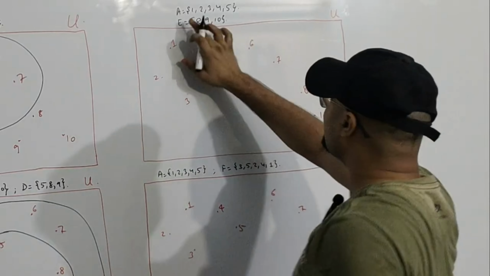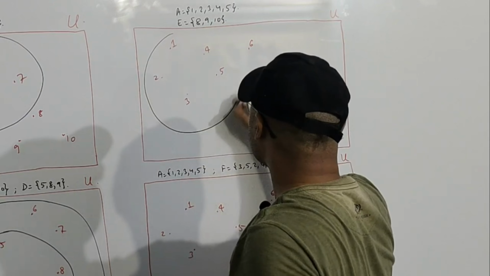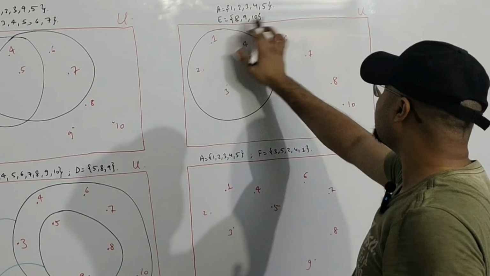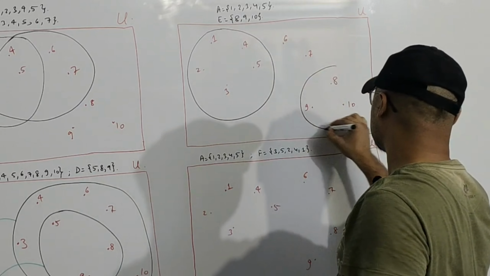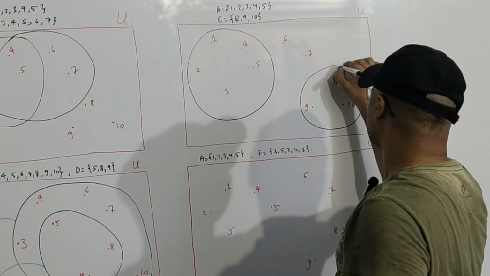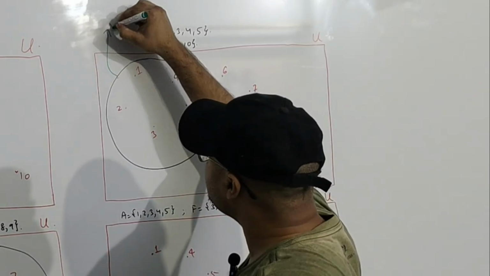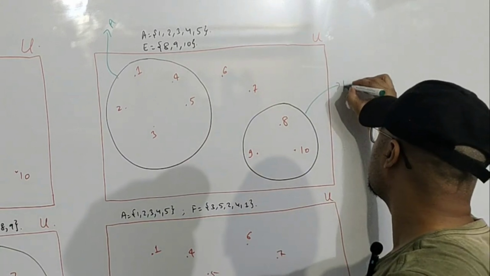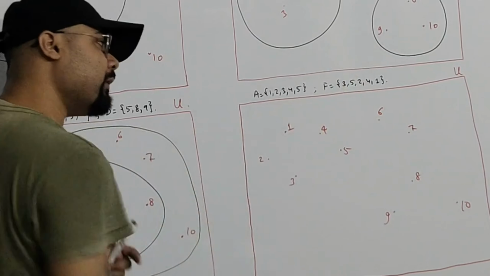In this case, A is 1, 2, 3, 4, 5 and E is 8, 9, 10. This is A and this is E. A is 1, 2, 3, 4, 5 and F is 3, 5, 2, 4, 1.